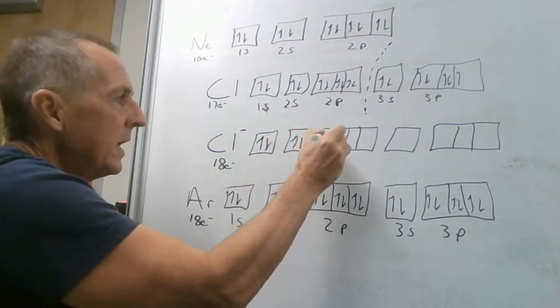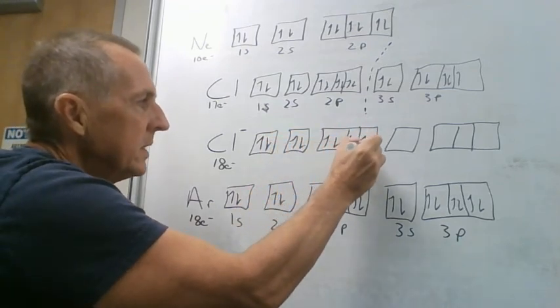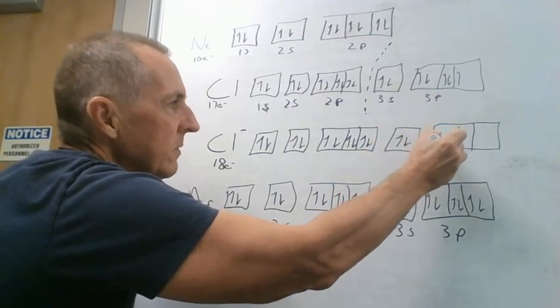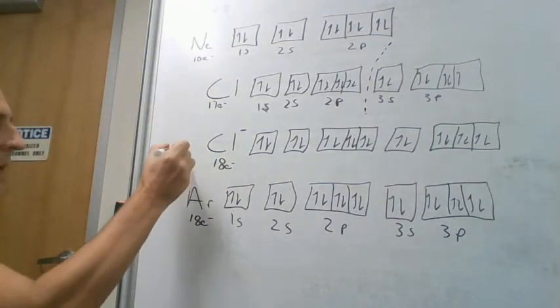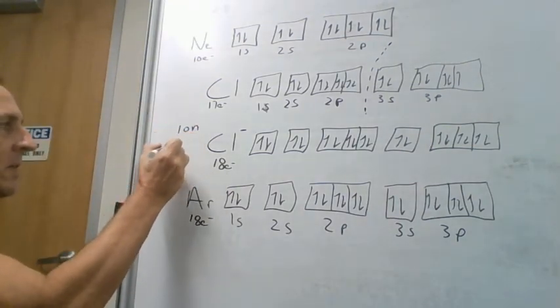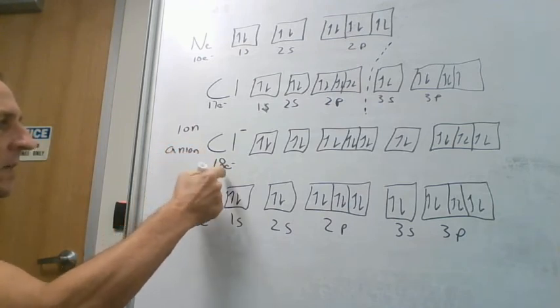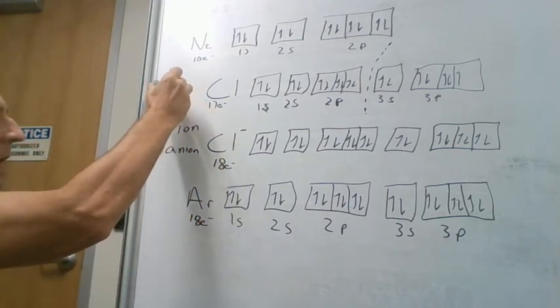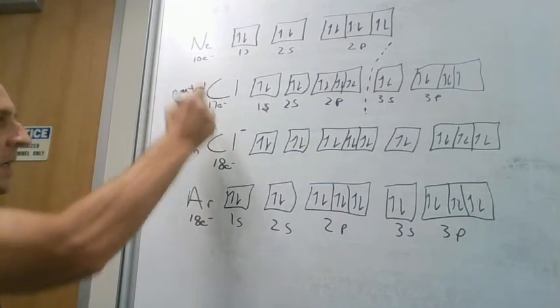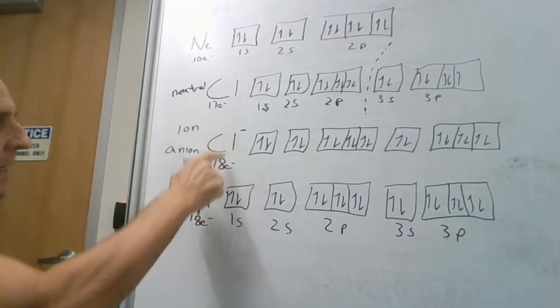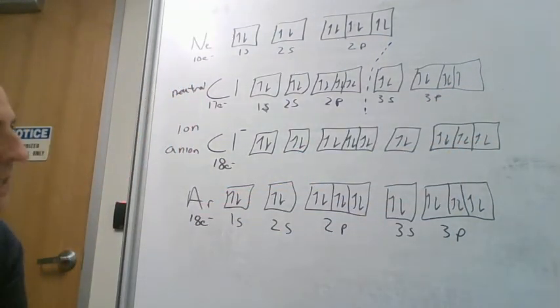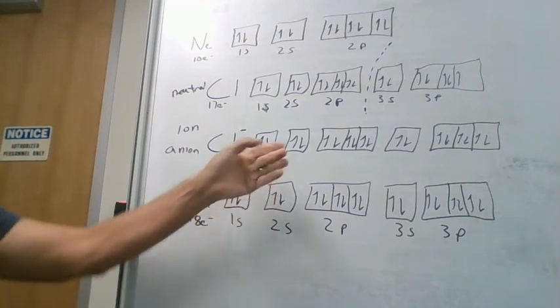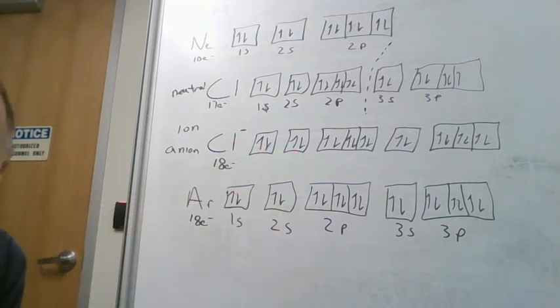The chlorine ion, since it has a negative charge, we call it an anion, has 18 electrons because from the neutral atom, it gained 1 electron, so it had 17, it gained one, and now it has 18. That 18th one goes into that partially filled 3p orbital, and now it has the same electronic configuration as argon, so it's happy because its outer shell is now full.